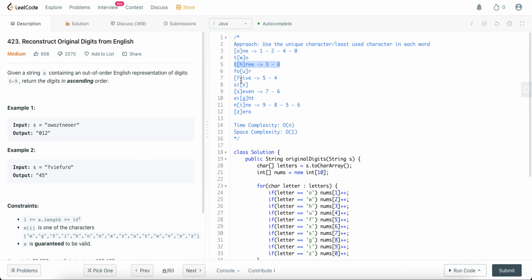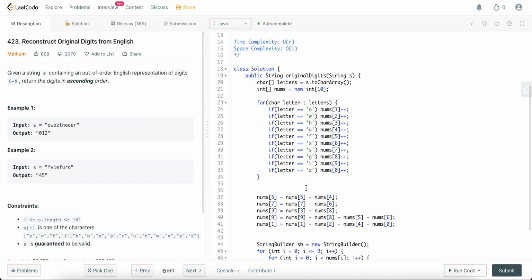So here you see that F, which appears in 5, also appears in 4. Because you know how many times 4 appears, and you can count that uniquely because only U is used in 4 and nothing else, you can subtract the number of 4s from 5s to get the number of 5s there actually are.